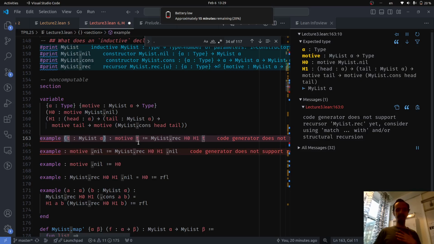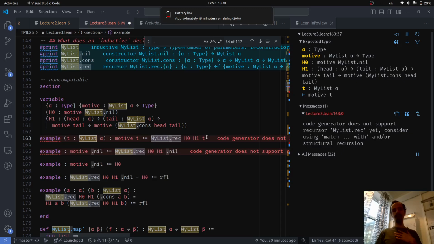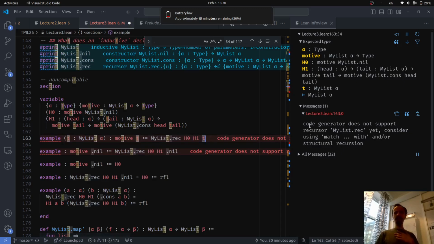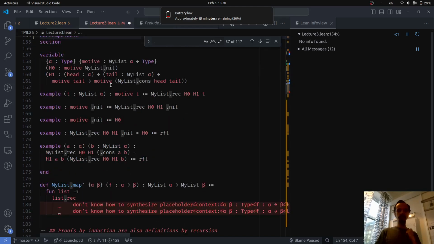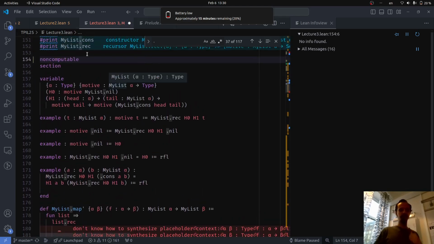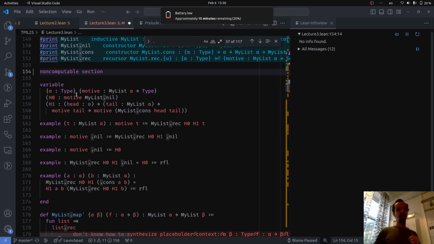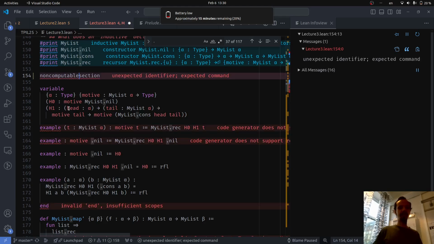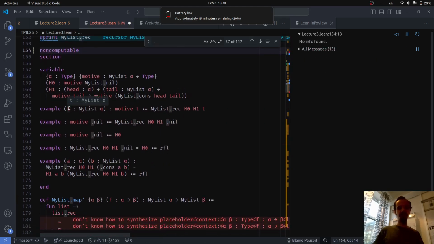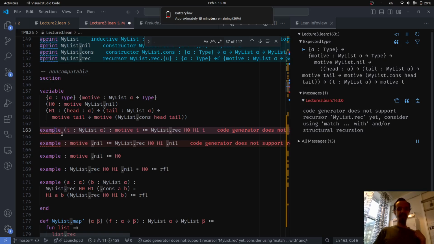There is an error that's happening here when I'm just applying mylist.rec, and it says code generator does not support recursor mylist.rec yet. So if you ever see this error, you probably are missing a noncomputable. So if I use a noncomputable section here, then the errors go away. But the short version of the explanation of what's going on here is that, well, the code generator does not support this recursor.